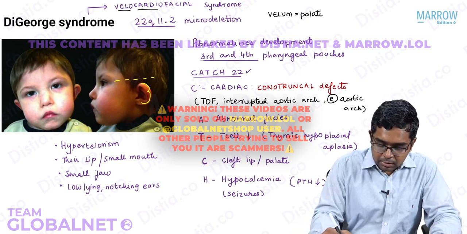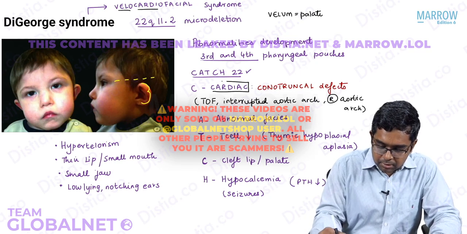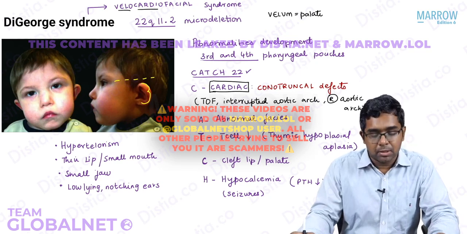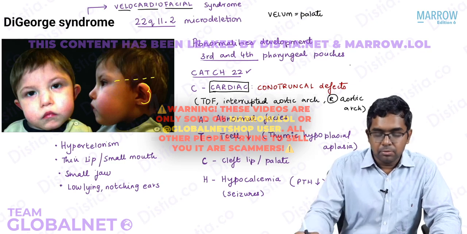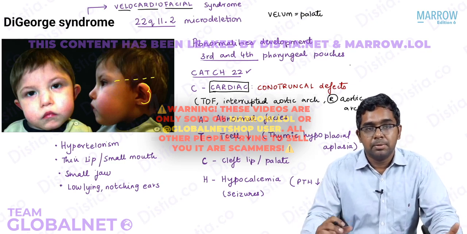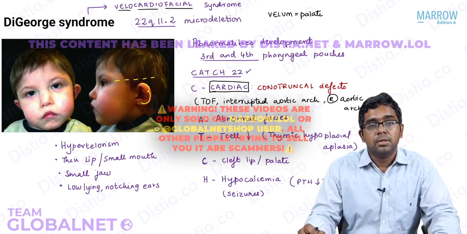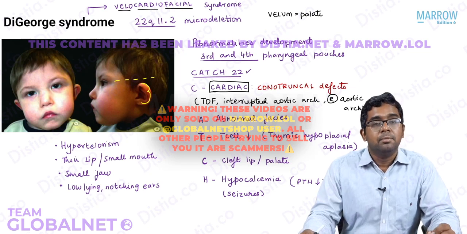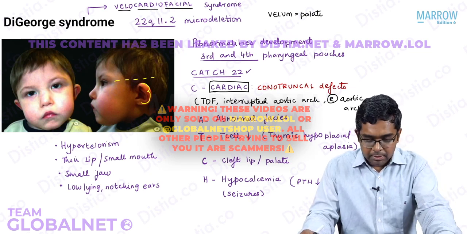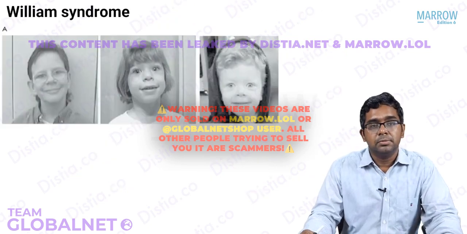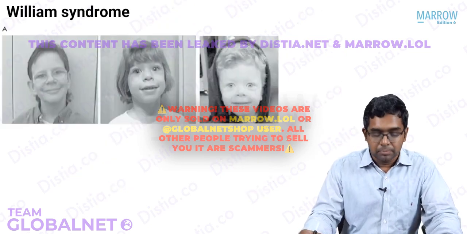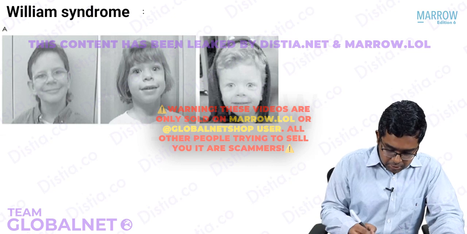Cardio refers to the cardiac problems which are encountered in this condition, which includes the conotruncal defect. And facial refers to the facial abnormalities which I have put up in the picture. So that is why this condition is also called velocardiofacial syndrome. That is the first example of microdeletion syndrome. The next example of microdeletion syndrome is Williams syndrome. Okay, where is the microdeletion here?